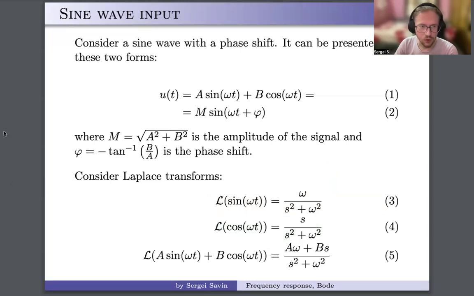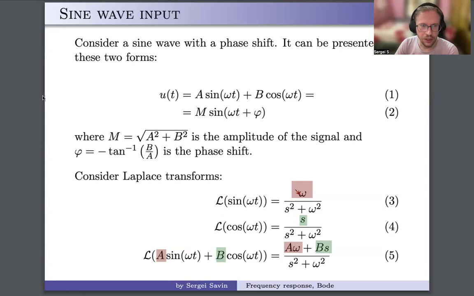Obviously, a weighted sum of those two guys would be given by omega times a, right? Here is this a. It happens, a times sine omega t gives you a omega, plus bs. So b in front of cosine, s from the numerator of the Laplace transform here. So that's what you have, right?